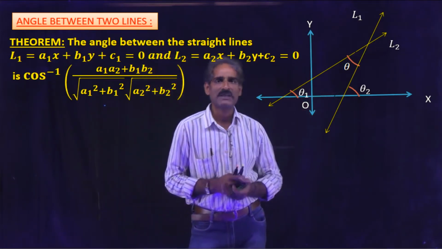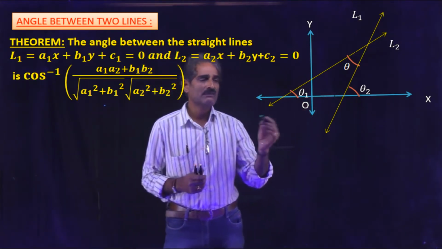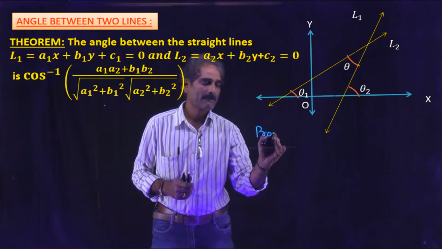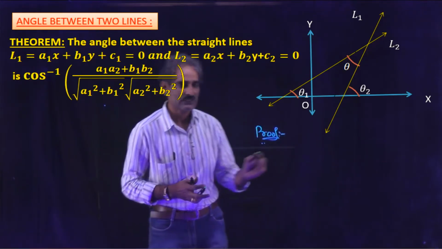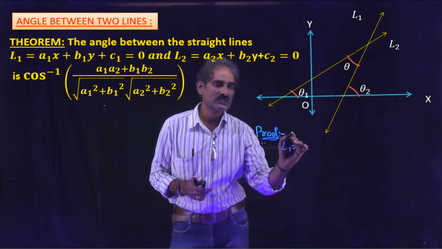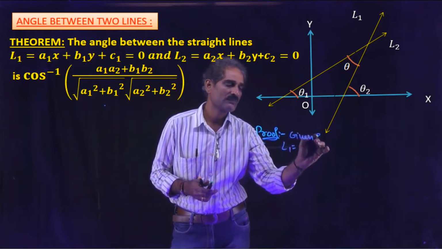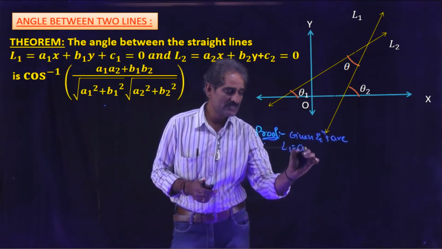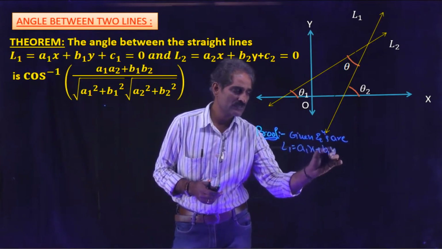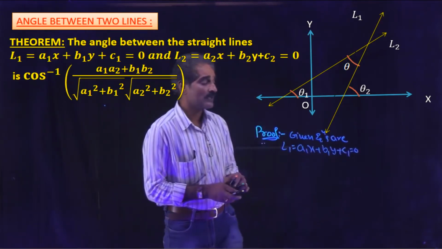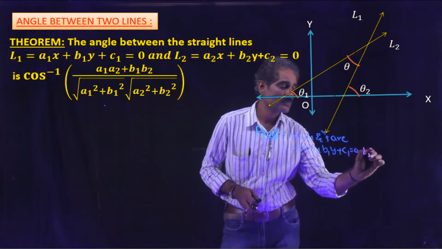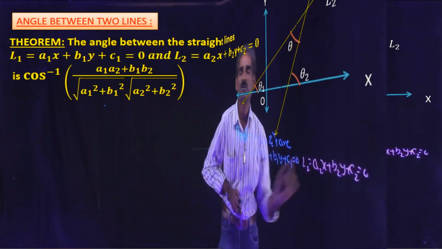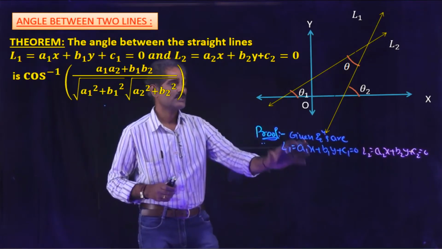Here these are the given two lines. The given equations are L1 equal to a1x plus b1y plus c1 equal to 0 and L2 equal to a2x plus b2y plus c2 equal to 0. These are the two lines.